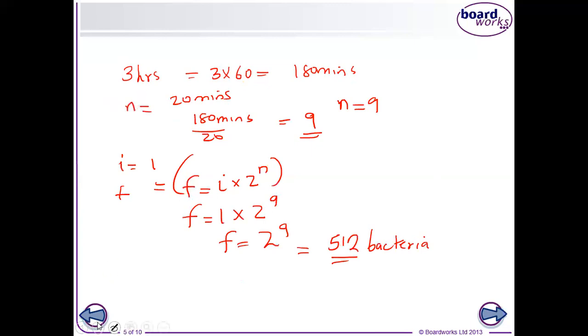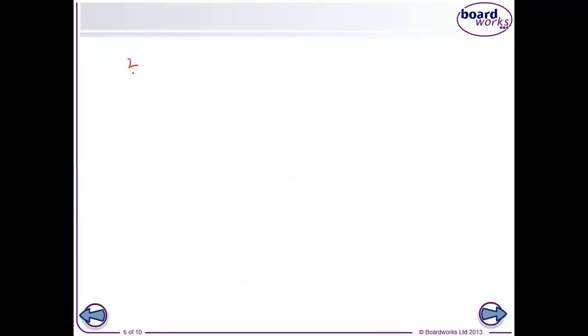Now the last one, which is 5 hours, is the same method. For 5 hours, you convert the 5 hours to minutes by multiplying by 60. 5 times 6 is 30, which is going to be 300 minutes. Now the next thing to do is find the number of times the division took place.